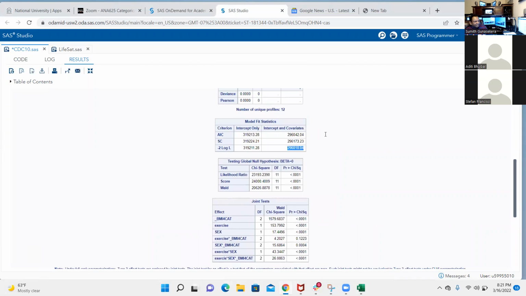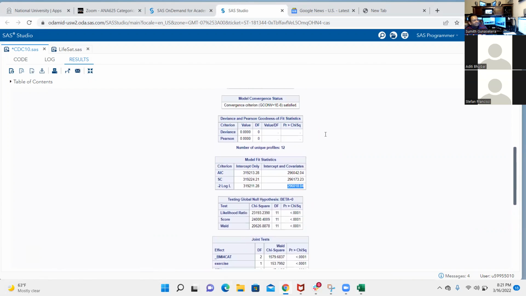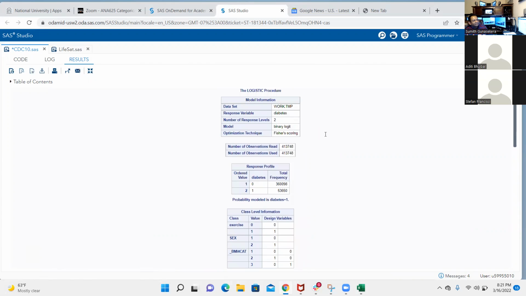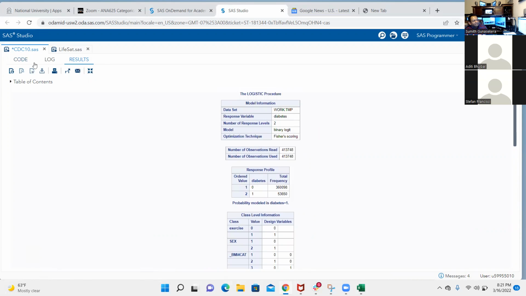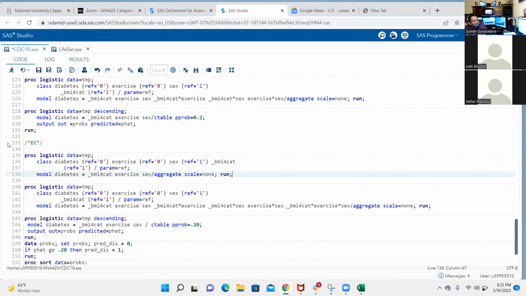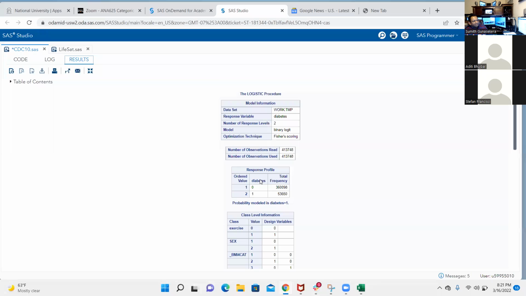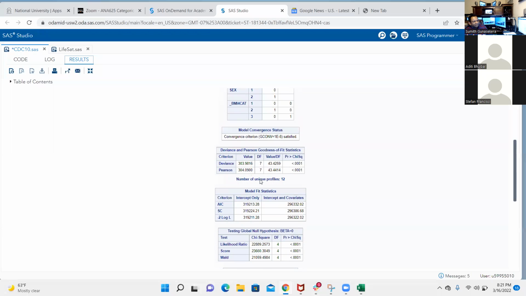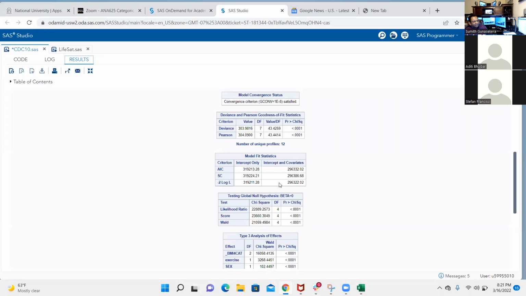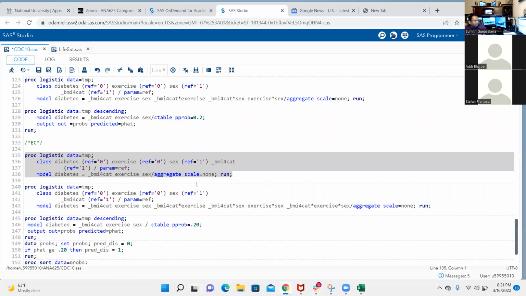I'll show you a hand calculation. Fit a basic logistic model for type 2 diabetes, using class exercise, BMI for cat exercise. Look at that one.